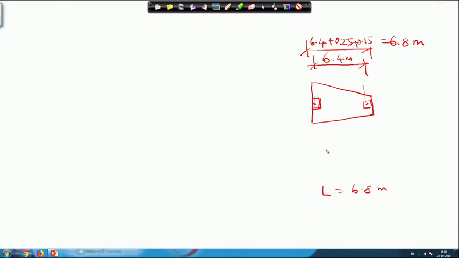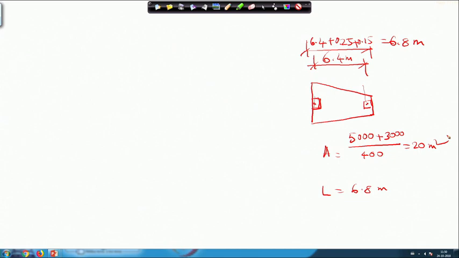And area: how much area will be needed? Q1 plus Q2, Q1 is 5000 plus Q2 is 3000, divided by q allowable, which is 400. If I do this, then you will get the area equal to 20 meter square. So, we have got this.